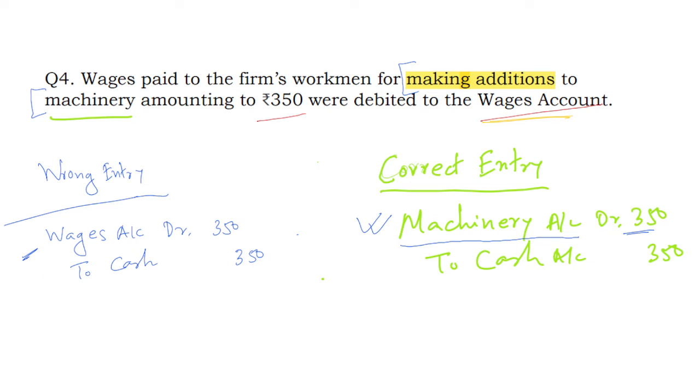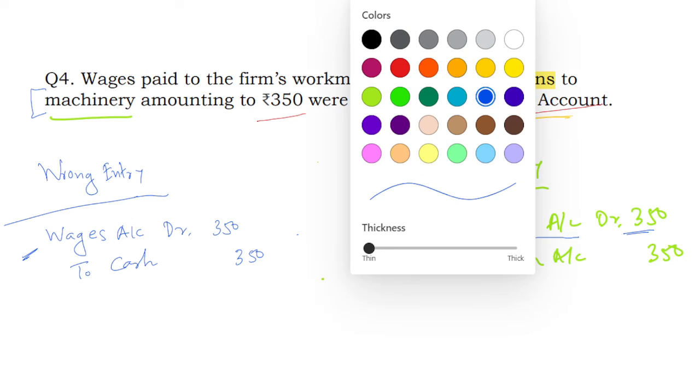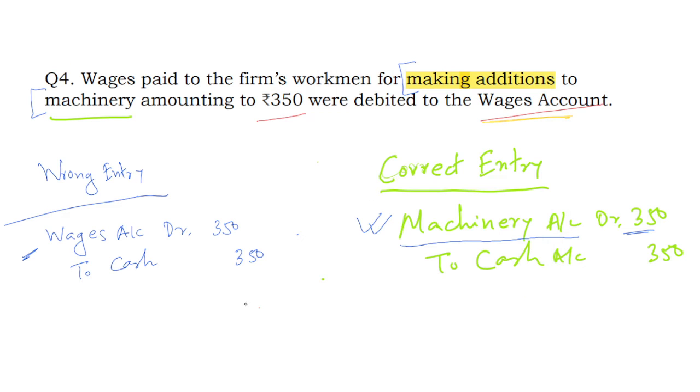So the correct entry will be: wages account we have wrongly debited, so we'll credit it, and correctly we have to debit the machinery account. So the rectification entry will be like this. In short I'm writing the rectification entry like this. The correct entry is machinery account, and the cash element is correct in both cases, so we do not need to write any cash.